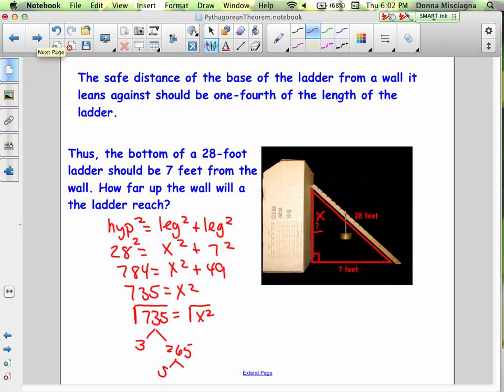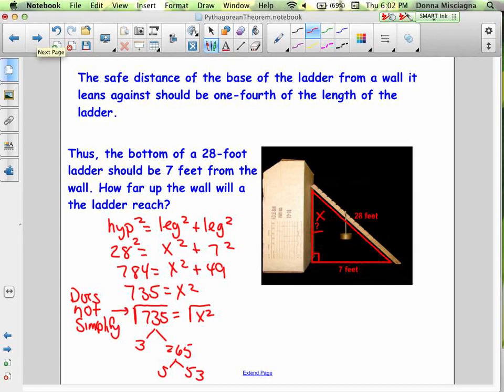All right, so 5 goes in 5 times and 53. Oh, and guess what? 53 is a prime number, so this does not simplify. Because we've got a 3, a 5, and a 53. And they're all prime numbers. So our exact answer is the square root of 735.